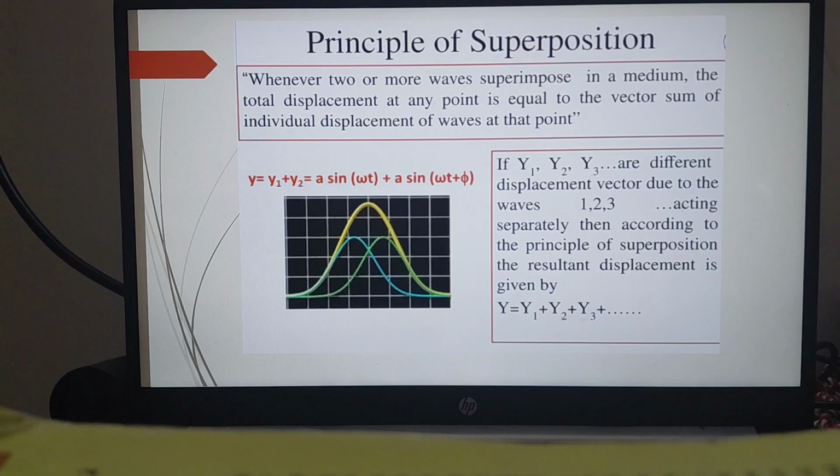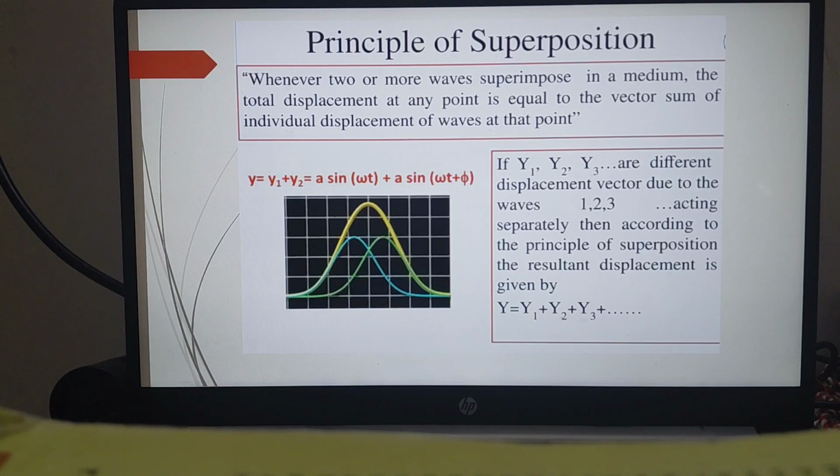Two coherent waves superimposing in a medium, traveling with the same frequency, same amplitude and nearly the same wavelength, is known as superposition of light. That is known as interference, which is a different concept.